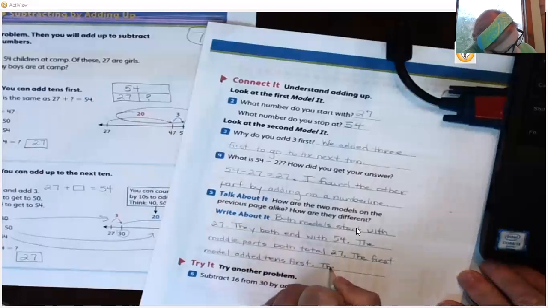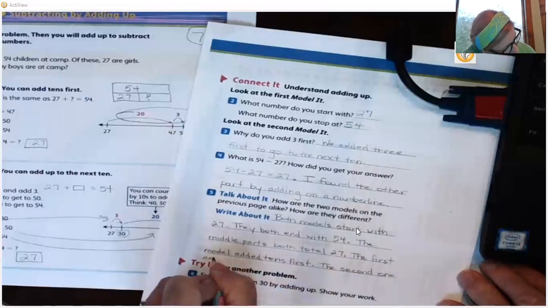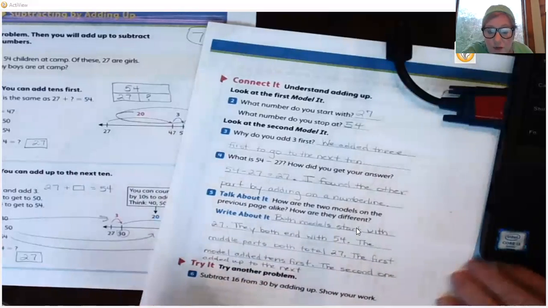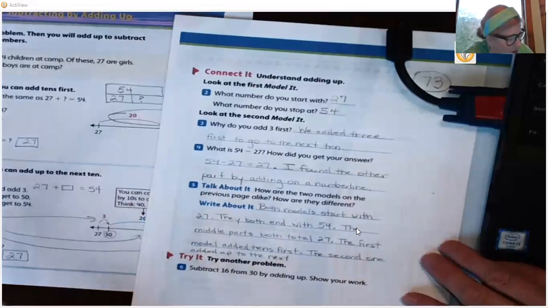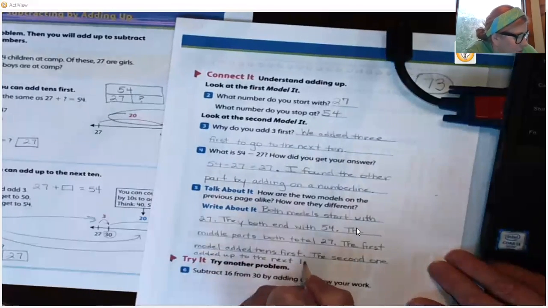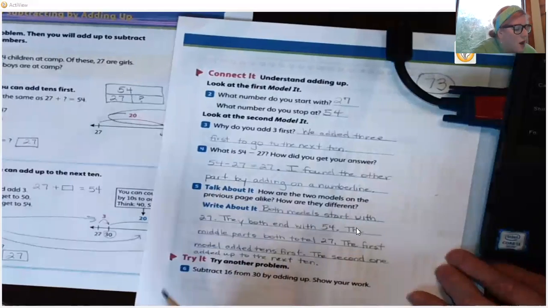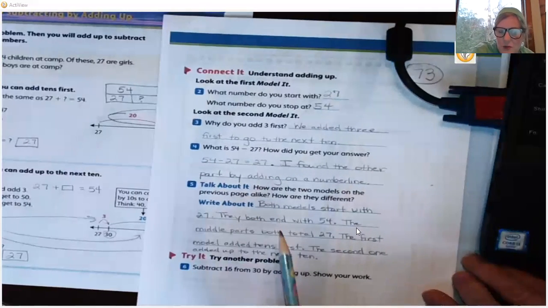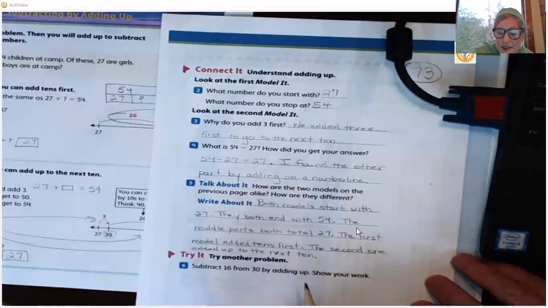The second one added up to the next 10. Now you may have worded it differently, maybe not as wordy as I have. Next 10. Maybe I should write for them. So just as long as you get some of these similarities and differences.